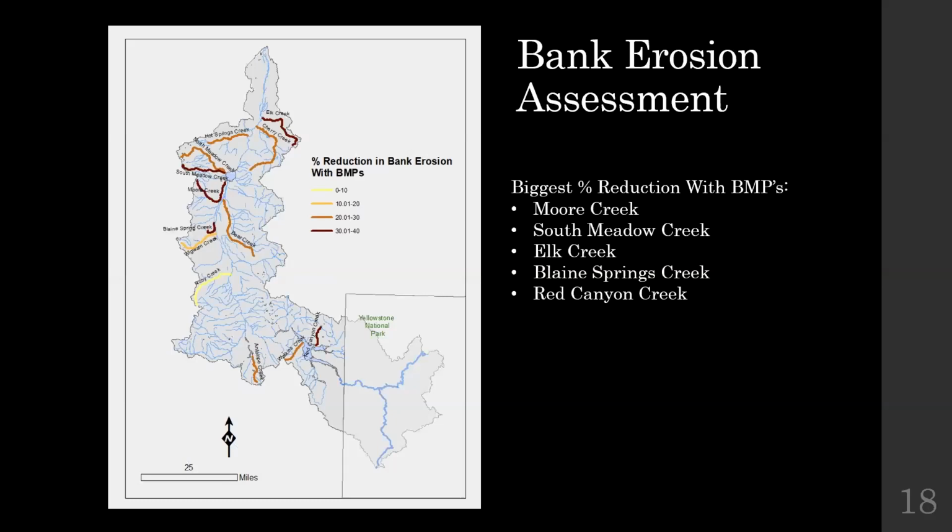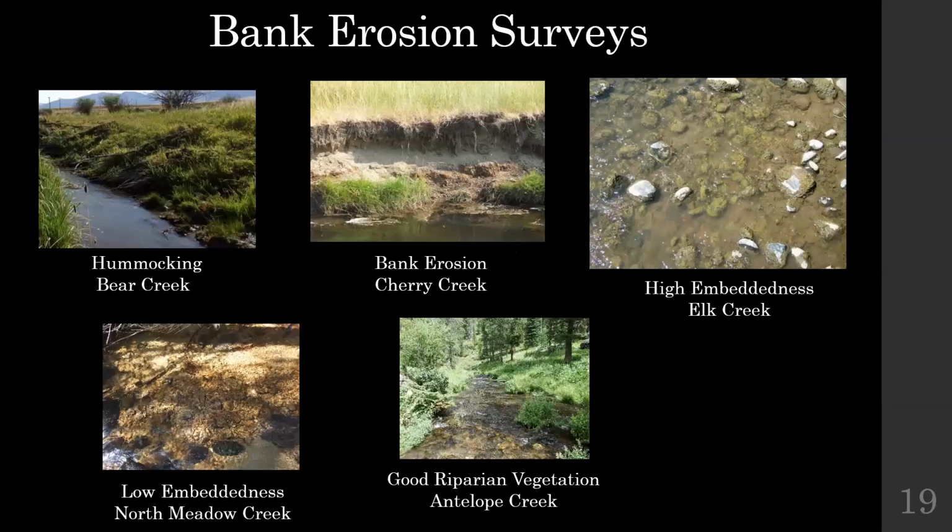So again, all the data related to this data collection is in the document, and also more information regarding what was found for these different streams. Some of what was observed was hummocking, where trampling had created uplifted areas that eventually were going to erode into the stream.